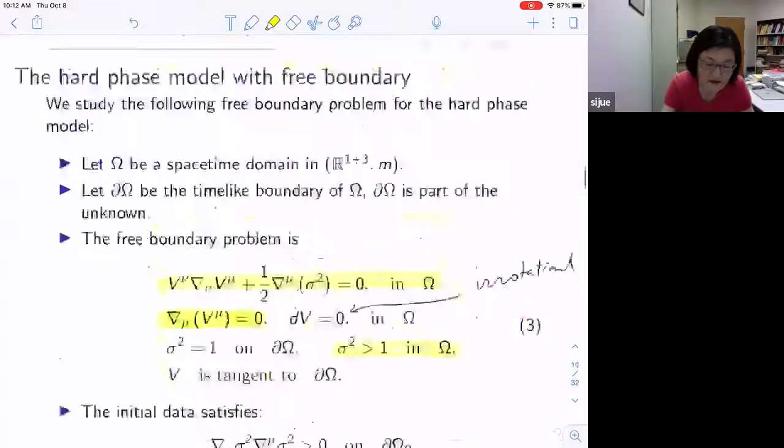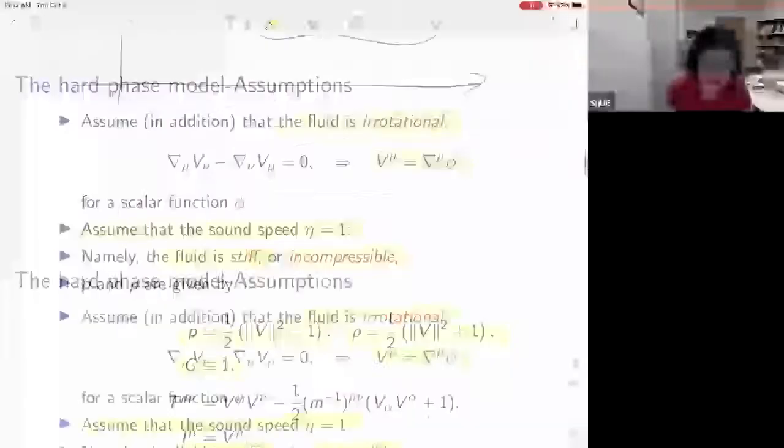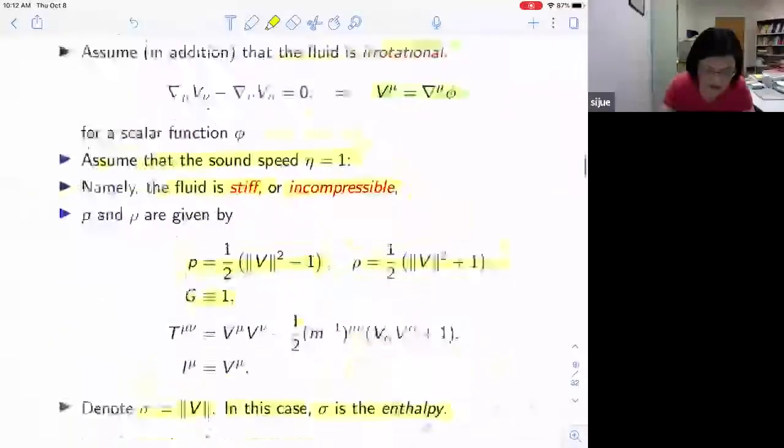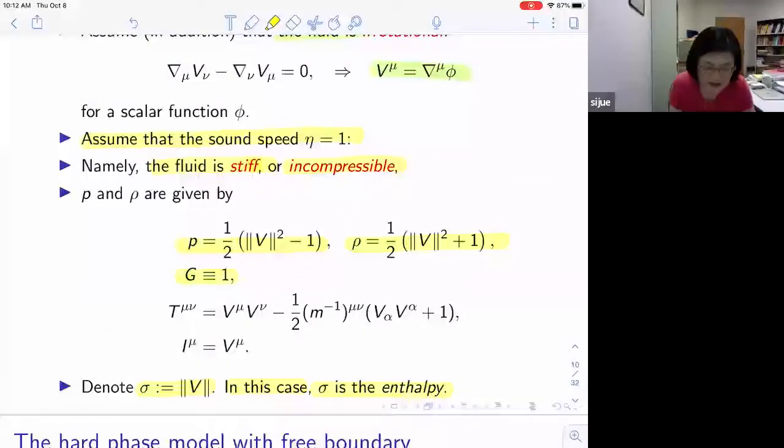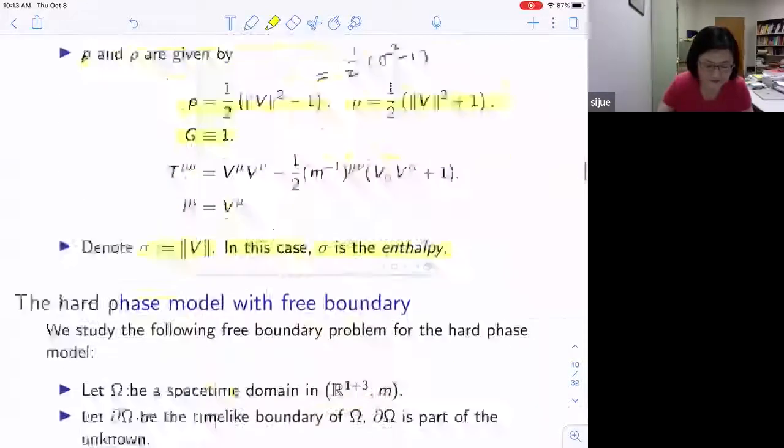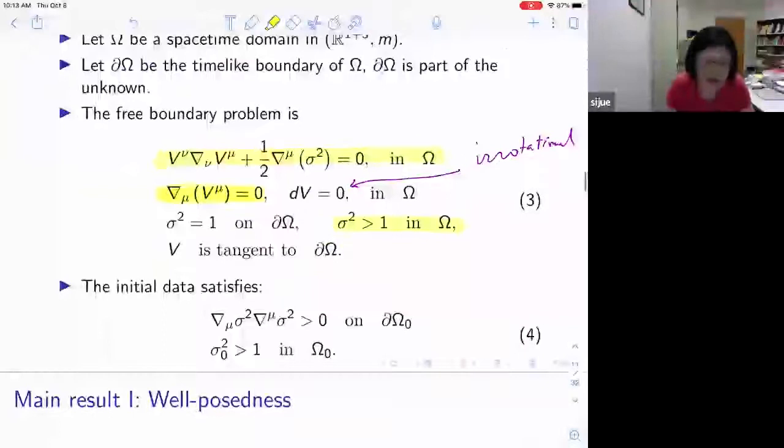So P is really equal to half of sigma squared minus 1. In other words, we assume pressure is 0 on the boundary and positive in the interior of the domain. We also assume that the velocity field is tangent to the time-like boundary.